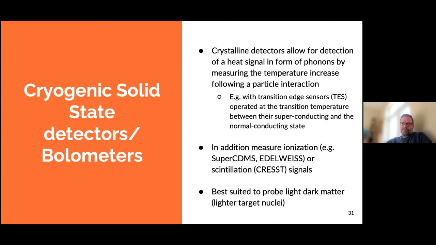So what I'm going to talk about now is cryogenic solid state detectors, and they work differently, as I mentioned in the introduction, and they have better sensitivity to light dark matter, so below 10 GeV, let's say.